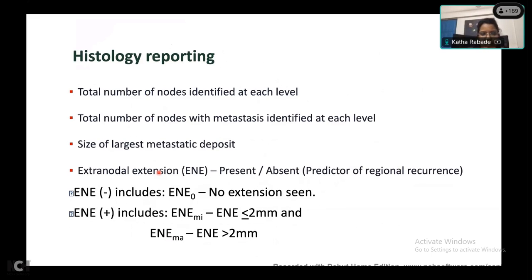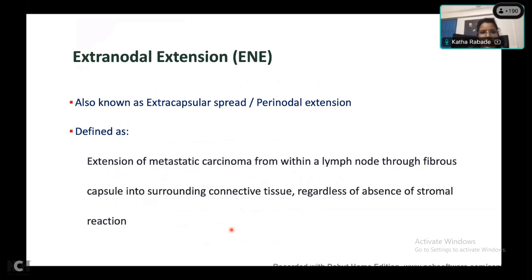If there is no extranodal extension, it is ENE negative. In case of ENE positive nodes, it is an optional data element to include whether the extranodal extension is less than or equal to 2 mm, which is known as ENE minor, or ENE major, more than 2 mm of extranodal extension.